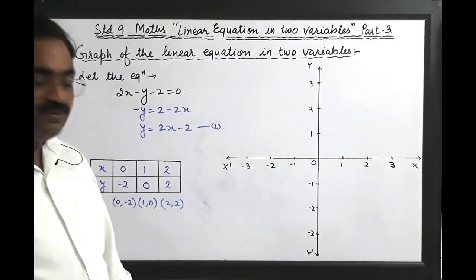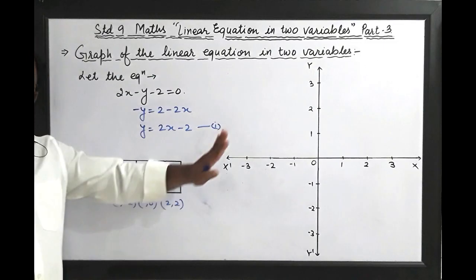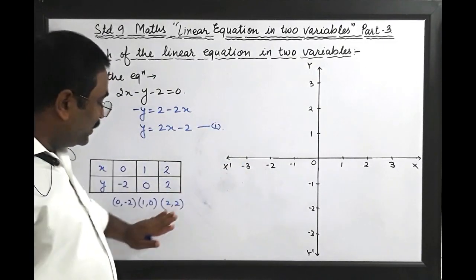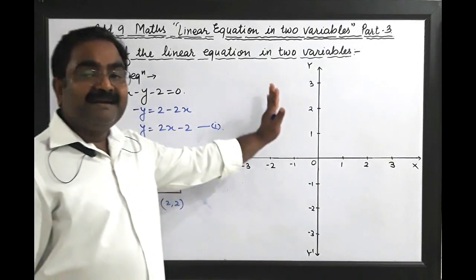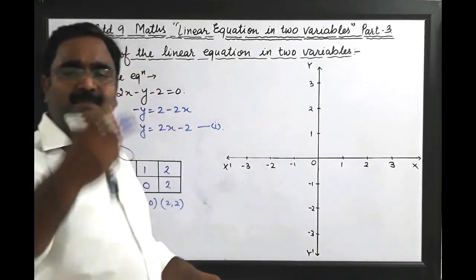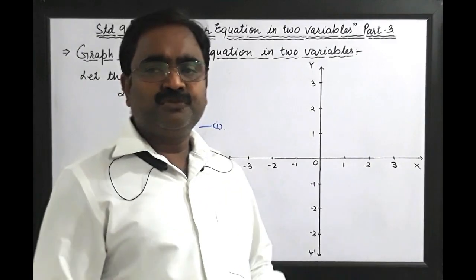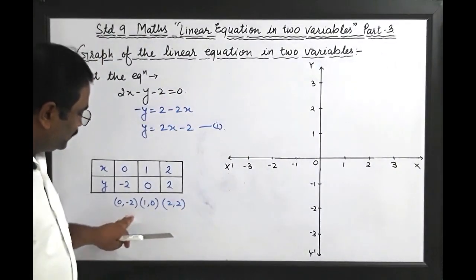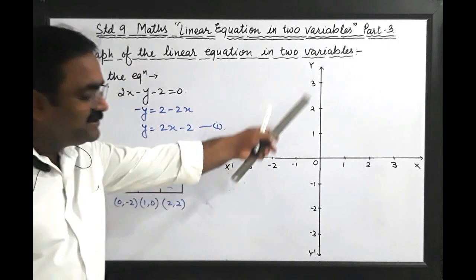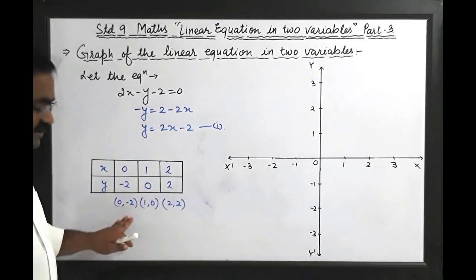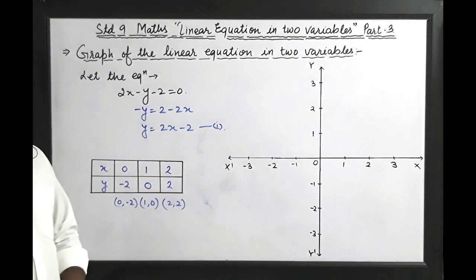Okay children, so we plot these three points in our Cartesian system. After plotting these points, let us see what will happen. So our first point is 0, minus 2.